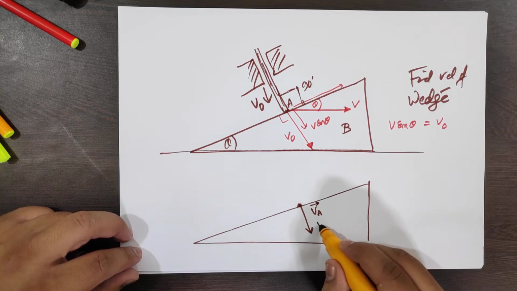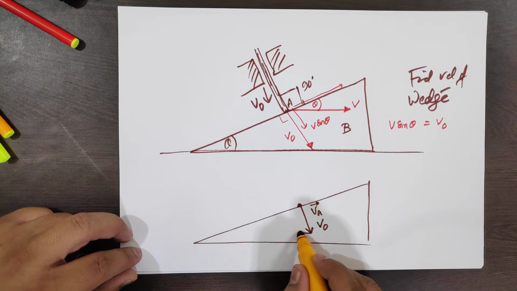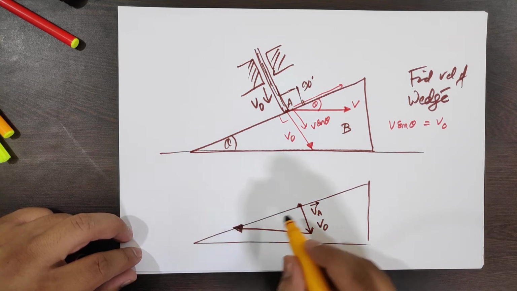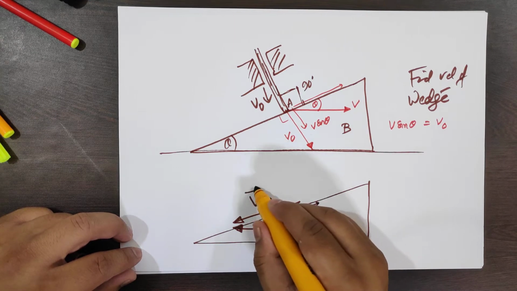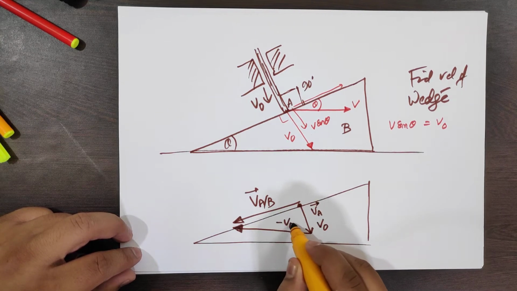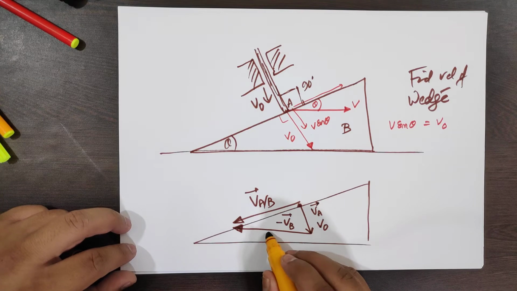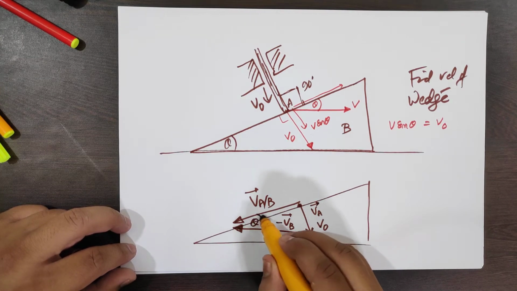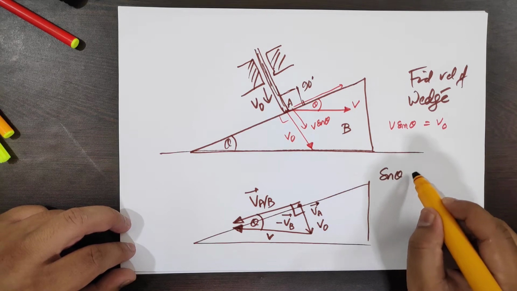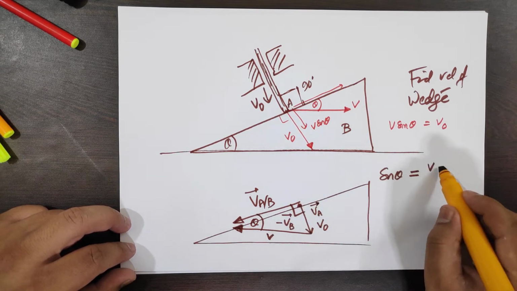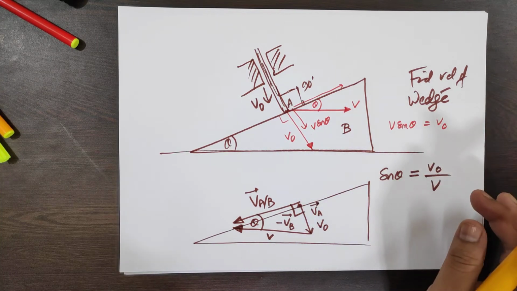Vector VA means magnitude is V naught, and this is velocity of A with respect to B. So this is minus VB and its magnitude is V. So this is theta. See, that's a right angle triangle. What is sin theta equal to? V naught by V. Same thing you are getting.